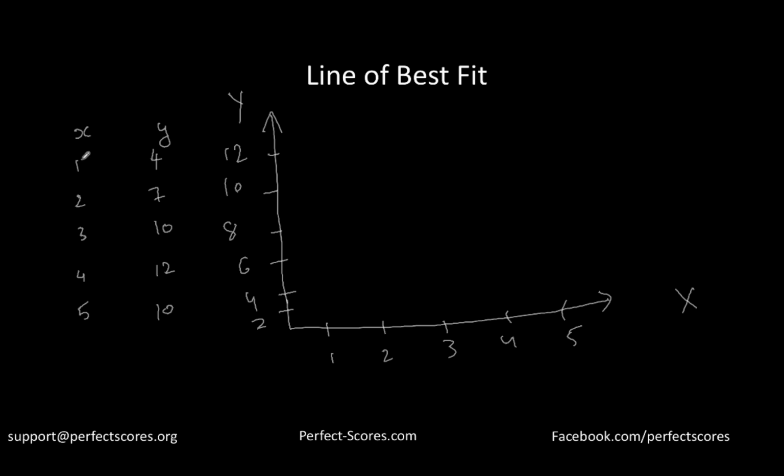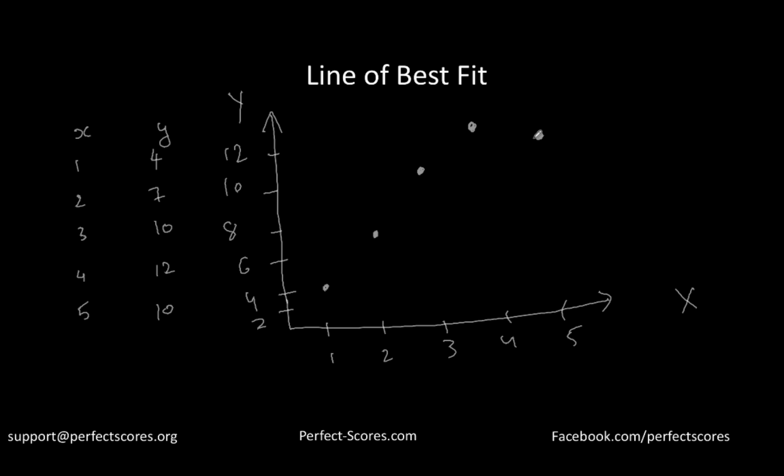So 1 comma 4 is here, 2 comma 7 comes here, right? And 3 comma 10 comes here, then 4 comma 12 comes about right here, and 5 comma 10 comes about here.